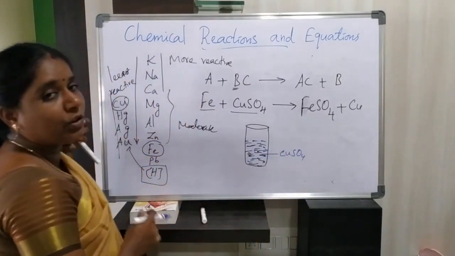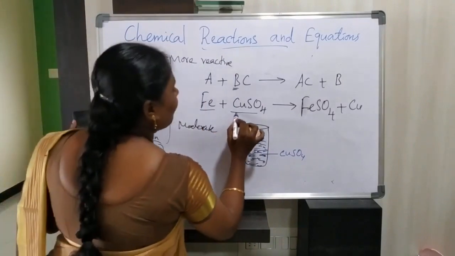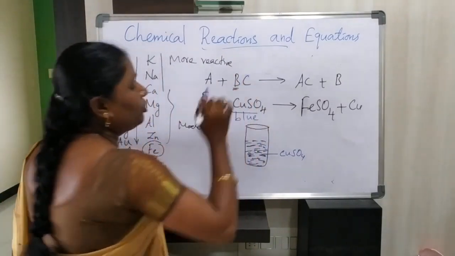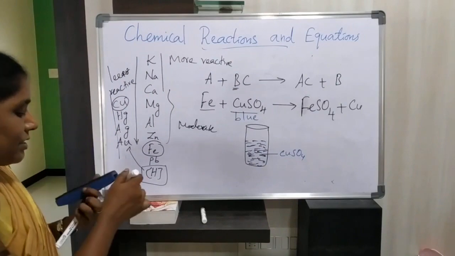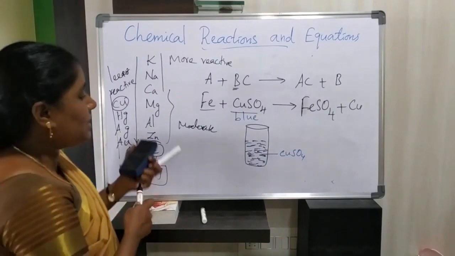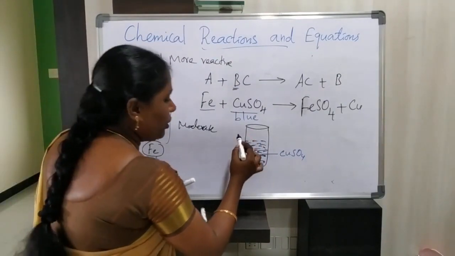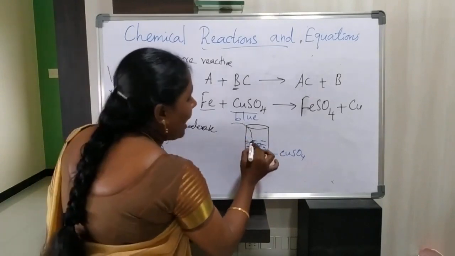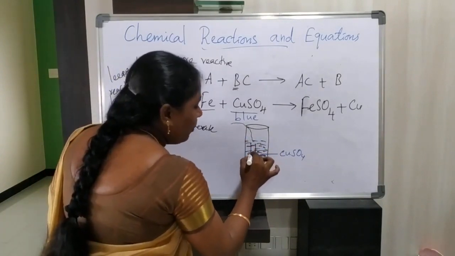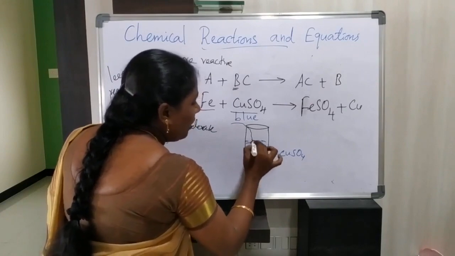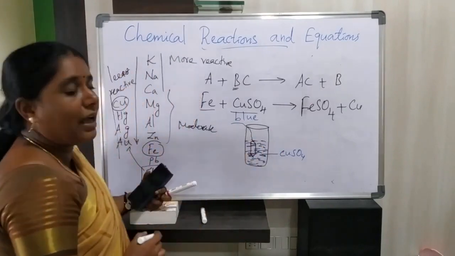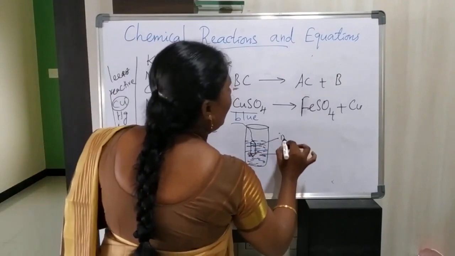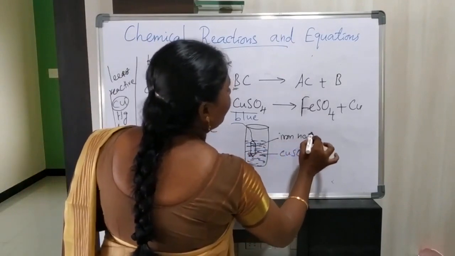It is blue color. Okay, the color of copper sulfate solution is blue. And then see here what happens if we add one iron nail.